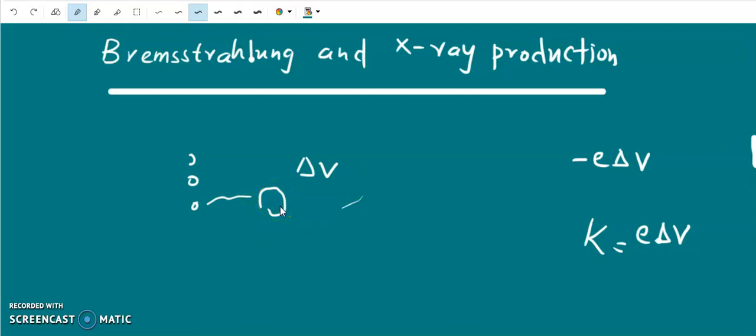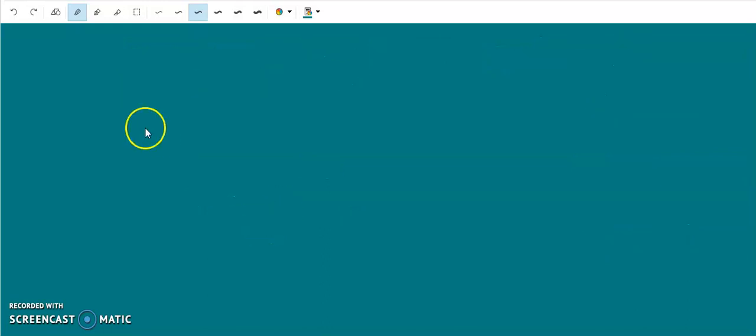Now suppose the kinetic energy of the electron before the collision with the target is K, and the kinetic energy after the collision is K prime, and we know that K prime is less than K. This difference in the kinetic energy is converted into h nu or hf, which is also equal to hc by lambda.